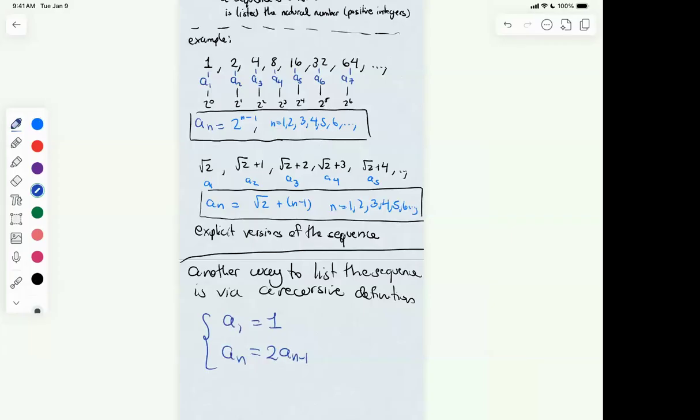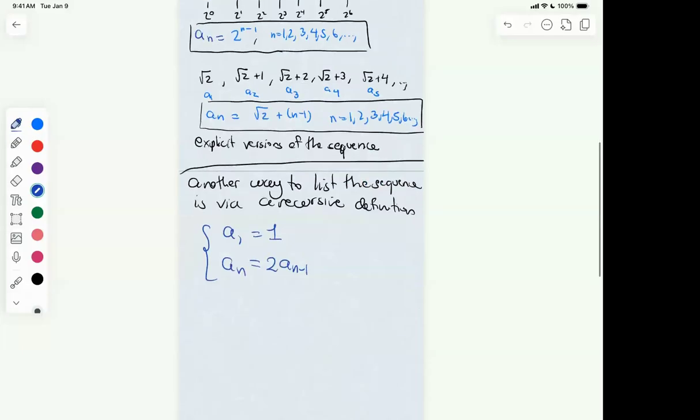And you see that pins down the sequence entirely. What is A2, just to show you how that works? According to this formula, it would be 2 times A2 minus 1, which is 2 times A1, right? And I did have to give you the original value, which was 1, the initialization value, if you want.